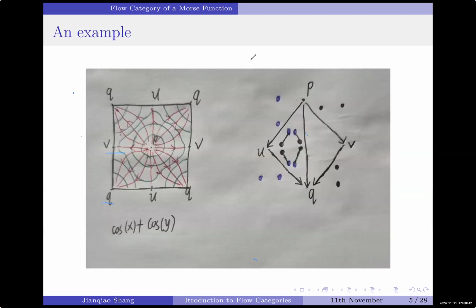Yeah, so here is a picture of what I said. Consider this guy, T2, the torus, and we glue the left side and the right side, the upside and the downside, and consider such a function.